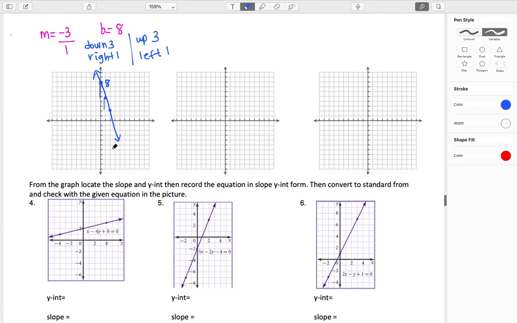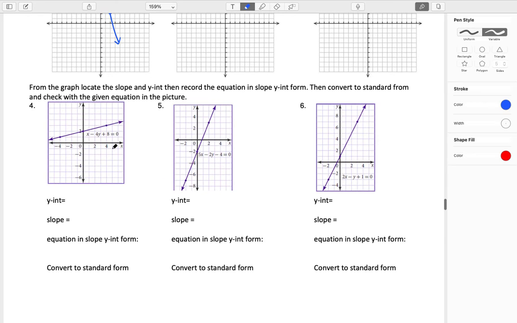Okay. Now let's do another type of practice here. So we are given a graph and a standard form. So let's take a look at number 5. We want to convert it into slope y-intercept form by rearranging it so that we can identify the y-intercept and slope much better. So let's do the calculation.